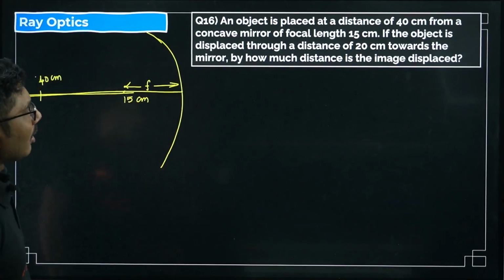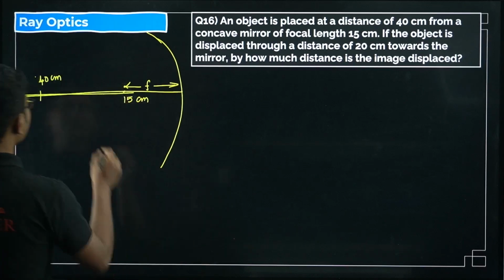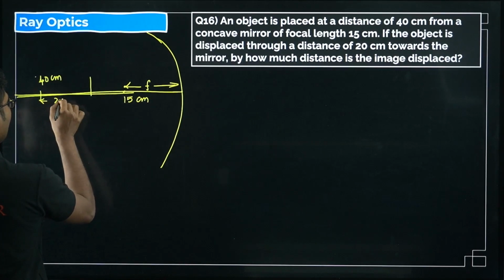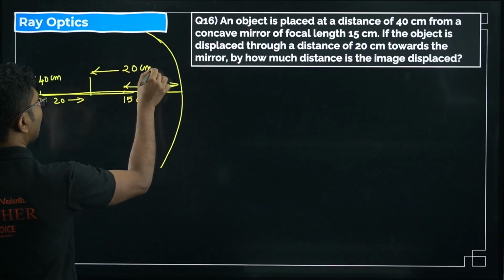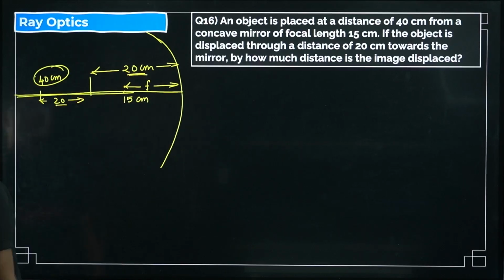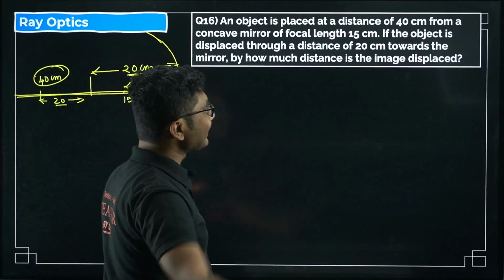It is displaced 20 centimeter towards the mirror, so the final distance is 40 minus 20, that is 20 centimeter. So how much distance has the image displaced?